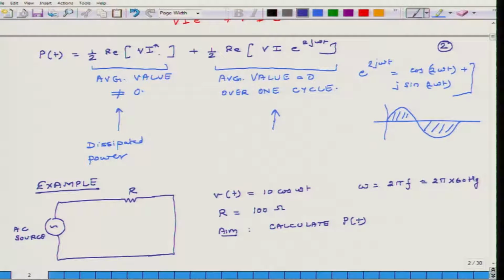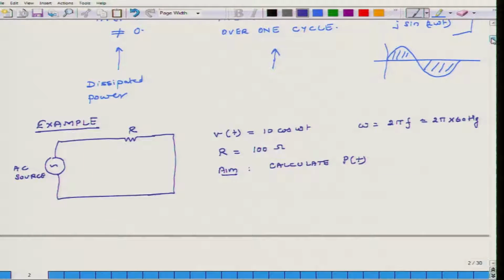If I know V, I star and omega, then I can calculate the relation for power. So, I t is equal to V t over overall impedance Z, and the overall impedance of the circuit is 100 ohms. So, this is 10 over 100 cosine omega t, and that is equal to 0.1 cosine omega t.